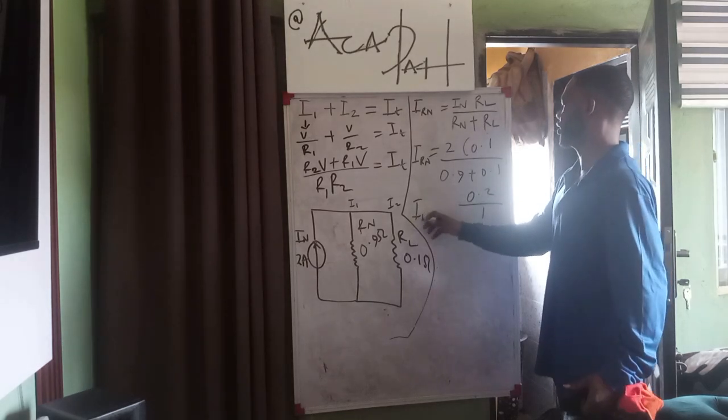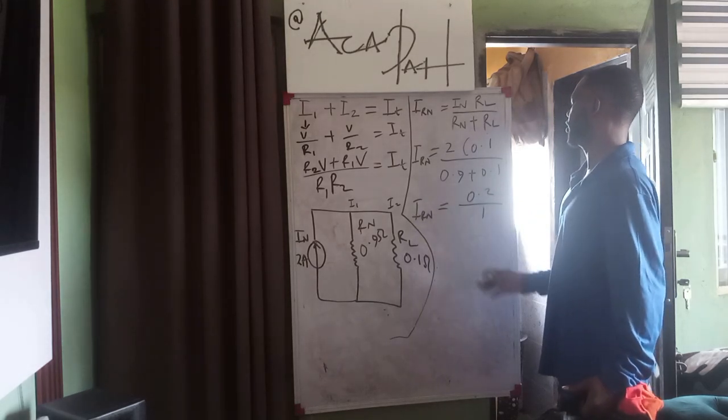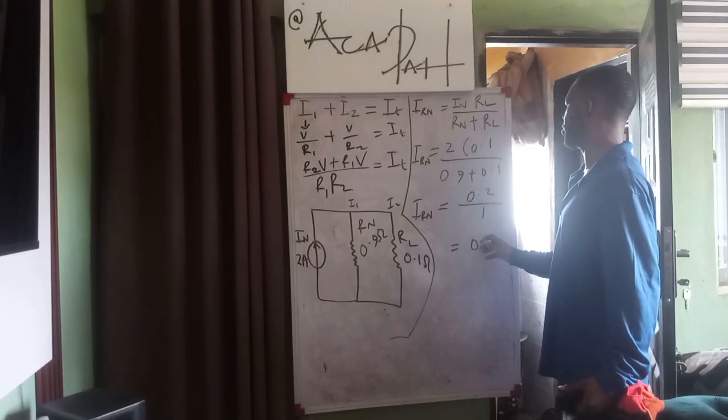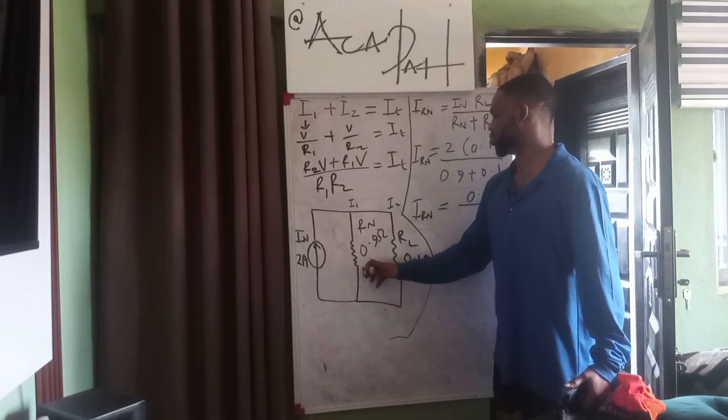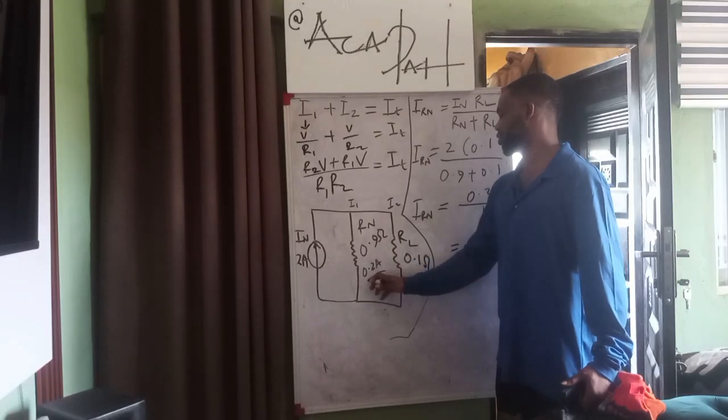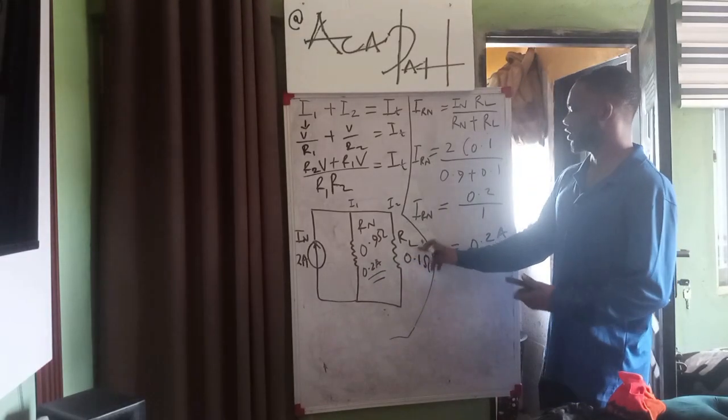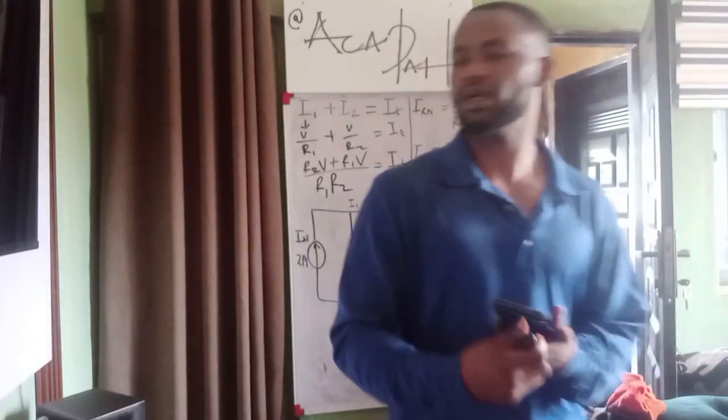So current in Rn will simply be equal to 0.2 amps.